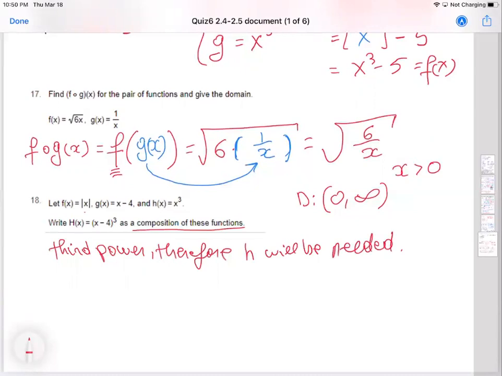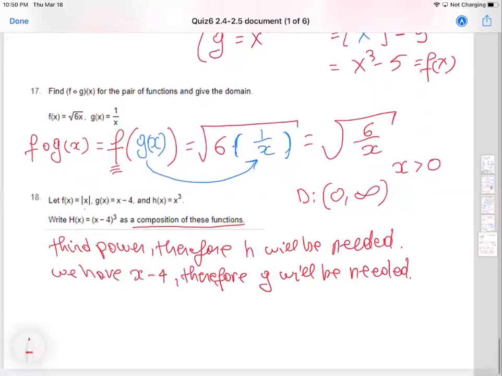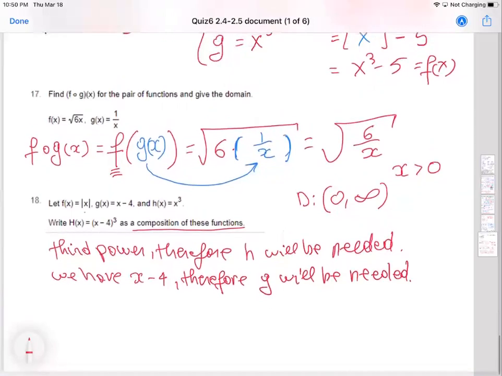We have x minus 4. Therefore, g will be needed. So it seems like all we need is h and g.